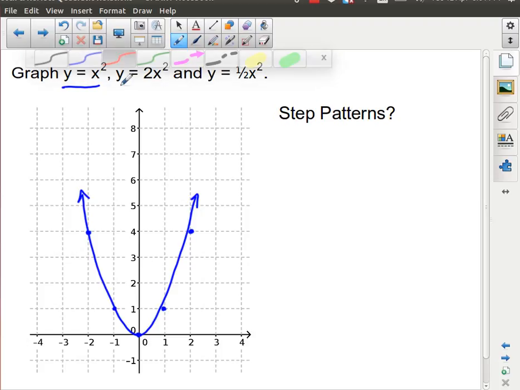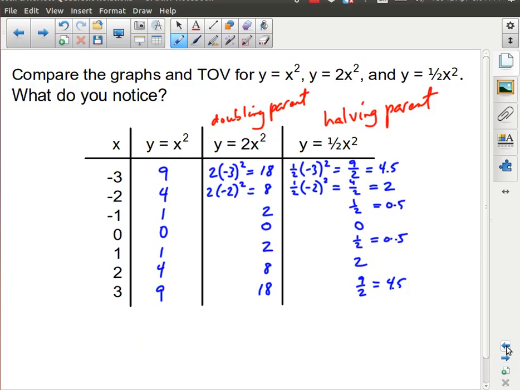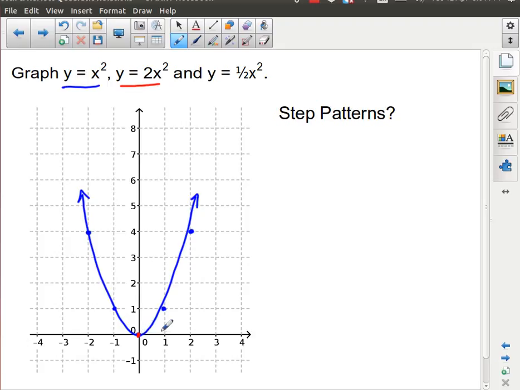Let's do this one in red. So if we think back, we had the starting point at 0, 0. If you want to switch back, I'll just bring that up again. So we had 0, and then going away we had 2, 8, and 18. So over 1, and this time it was to 2.